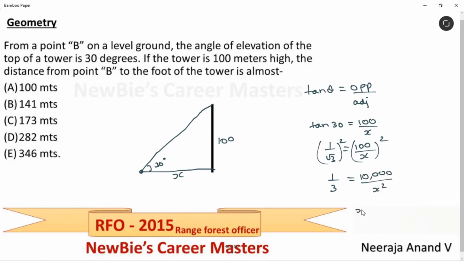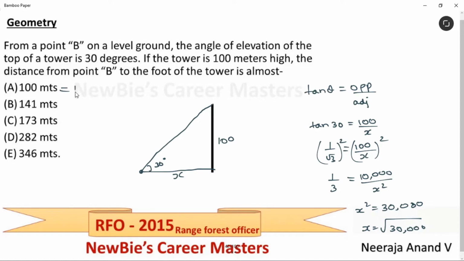What is x square then? x square is 30,000. We have to find the x value. Obviously, what do we do? We take root of 30,000. Instead of doing like this, what is the best way to get the answer? Think. Yes, you have to use the options directly. Just square the options. Okay, if the value comes near to 30,000, that is the answer then.